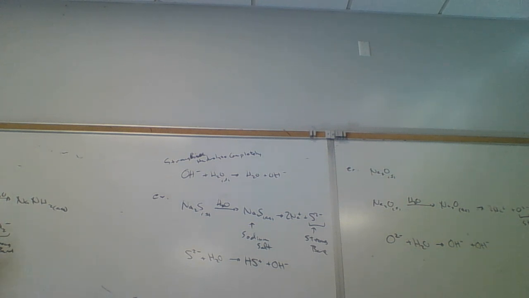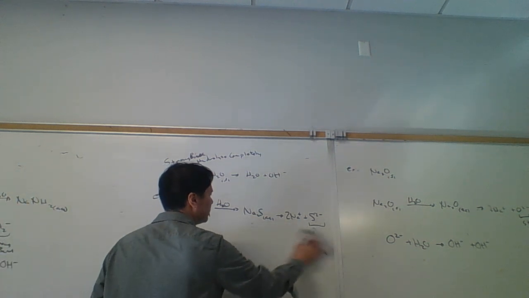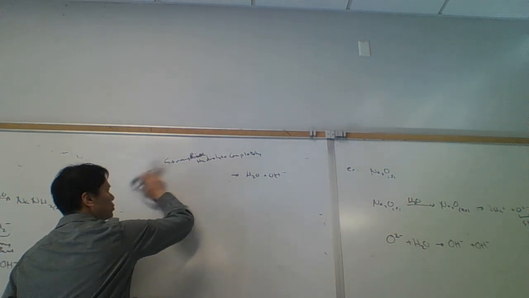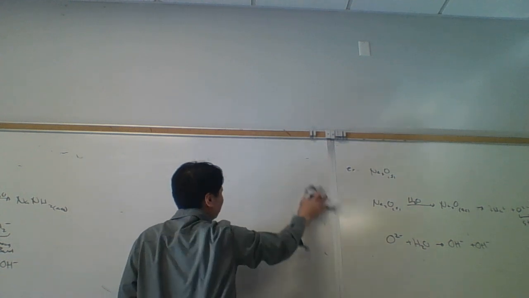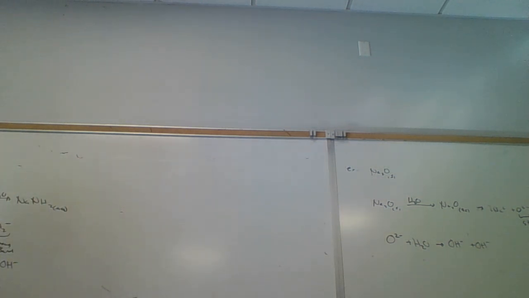It's going to form ammonia and hydroxide. Those are some examples of strong bases. What do all these strong bases have in common? They all end up producing the same species in water. What species is that? Hydroxide.